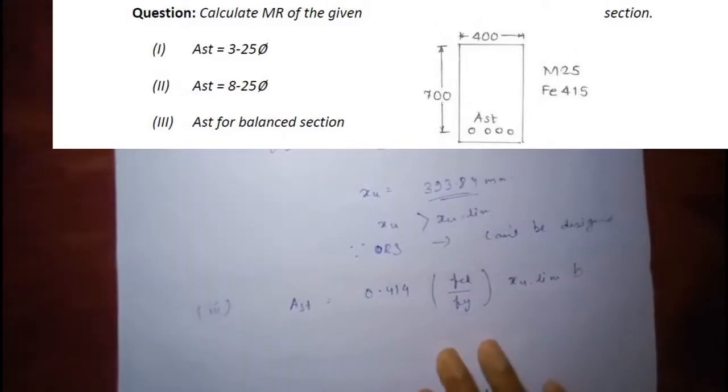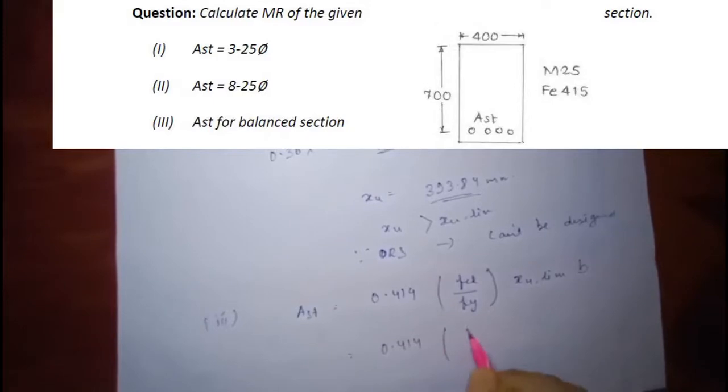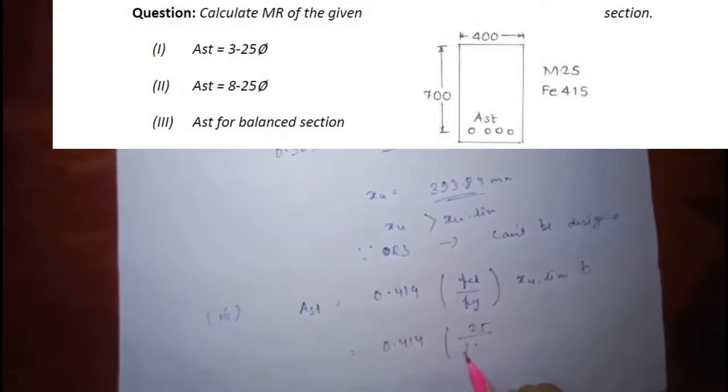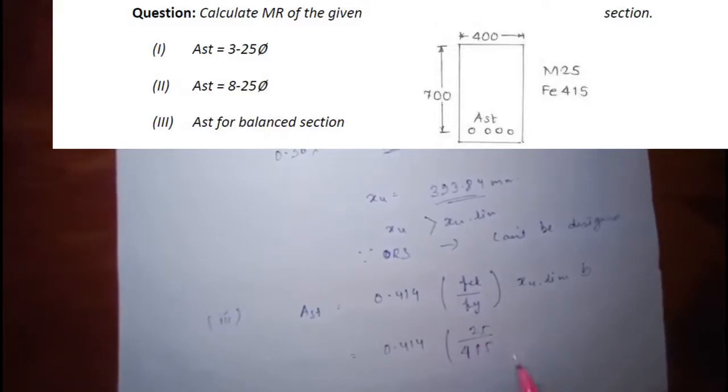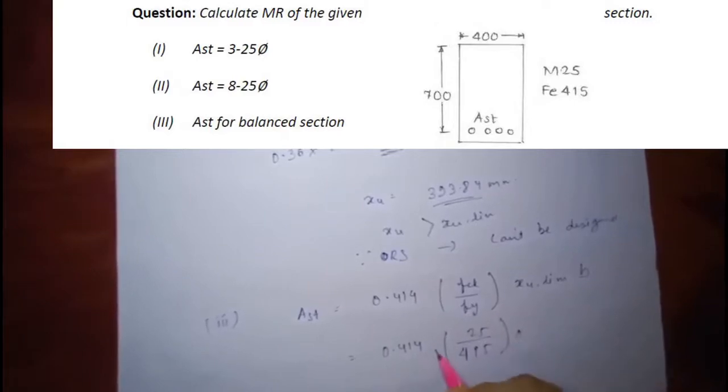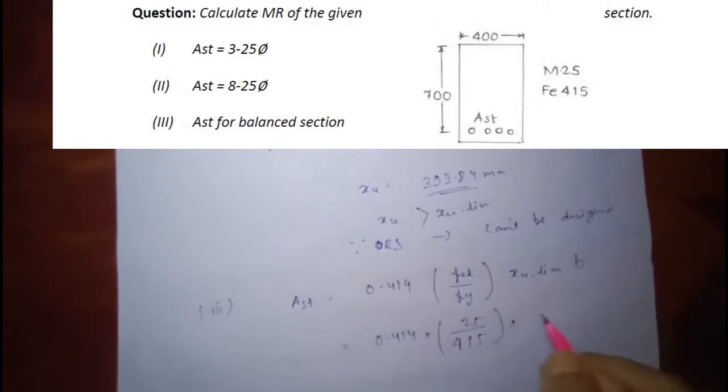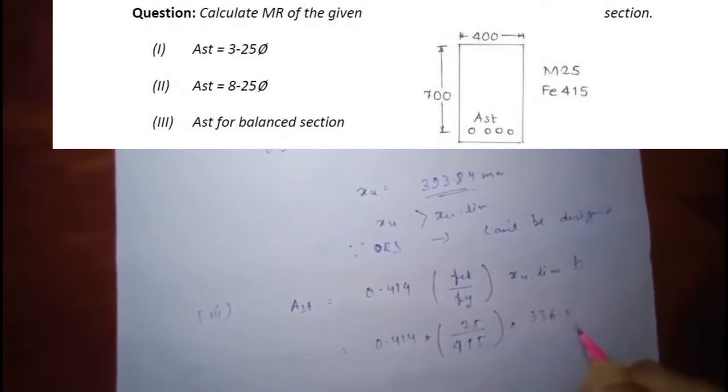So it is equal to 0.414 multiplied by 25 upon 415 multiplied by xu limit, which is 336, multiplied by b, which is 400.